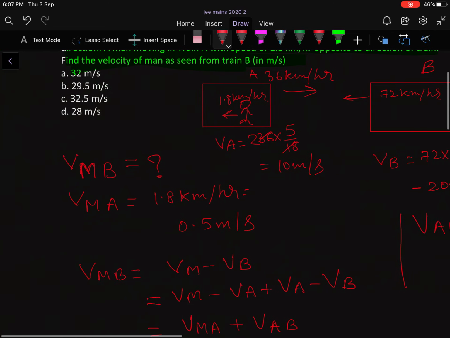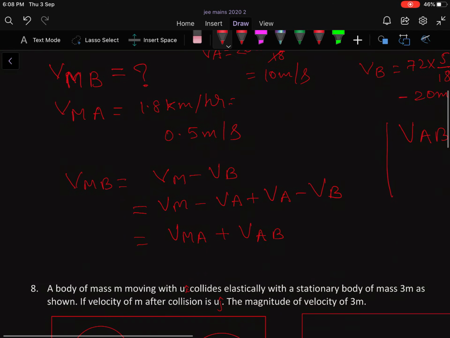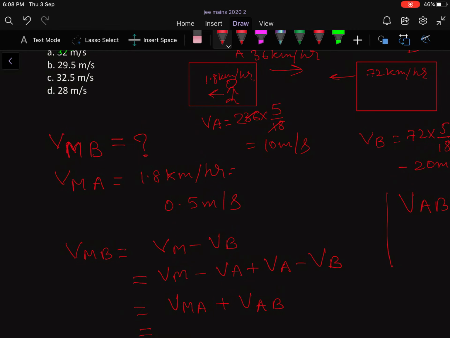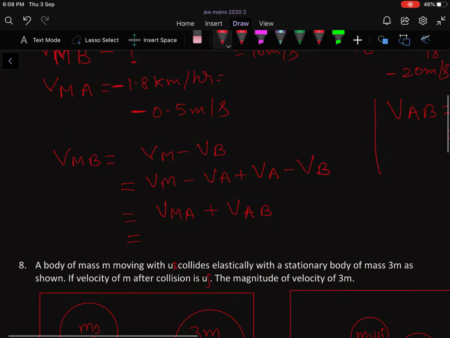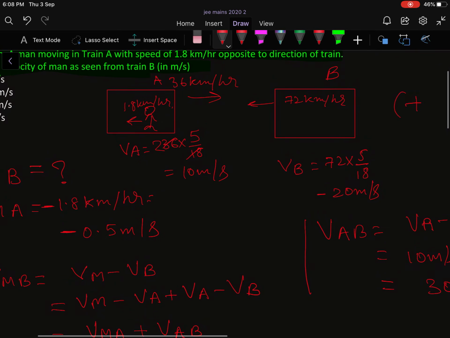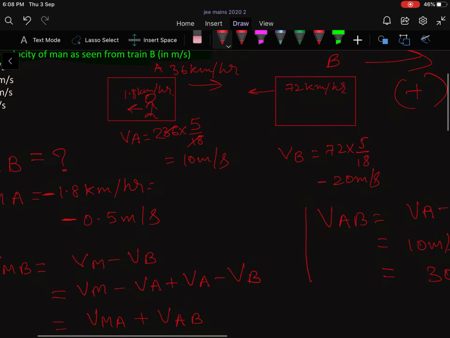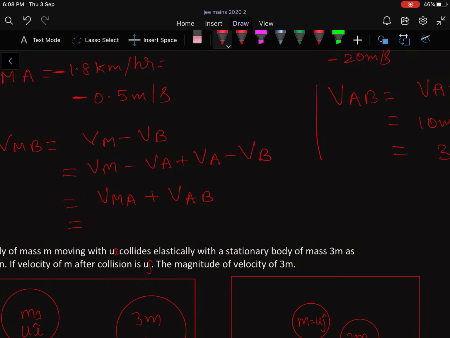So it is a question of relative motion. Now put the value. One more thing, this is in the opposite direction, so there will be a minus sign for VMA. We are taking this side positive, this direction.